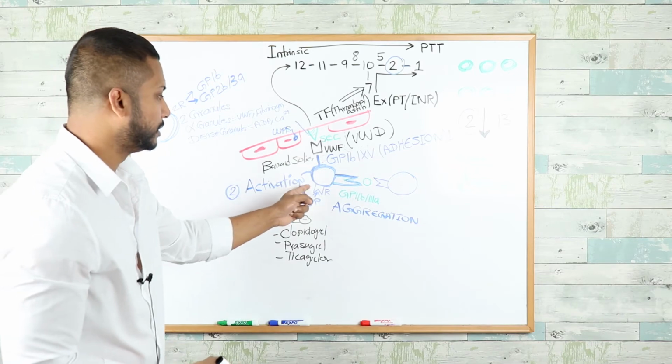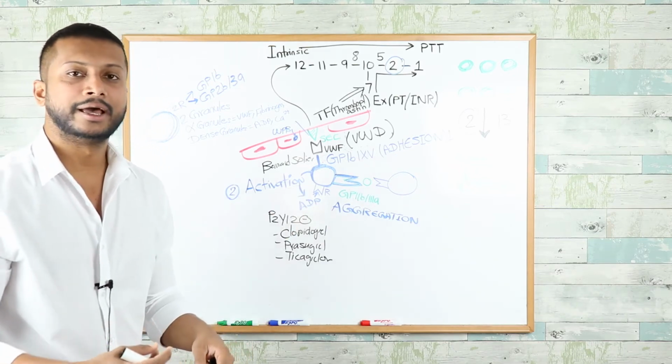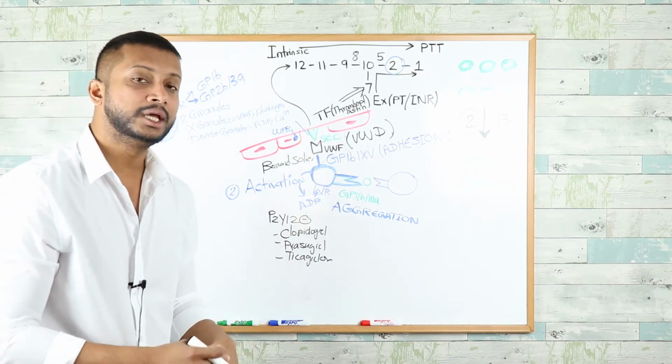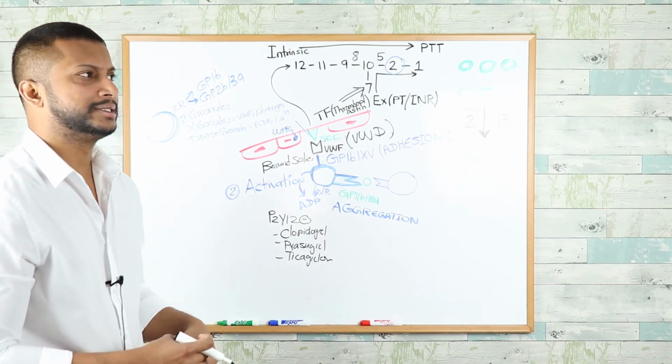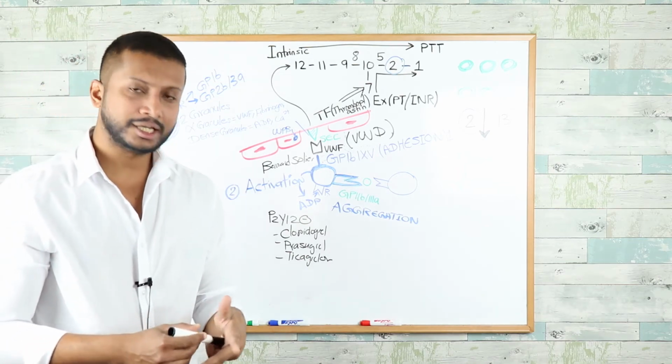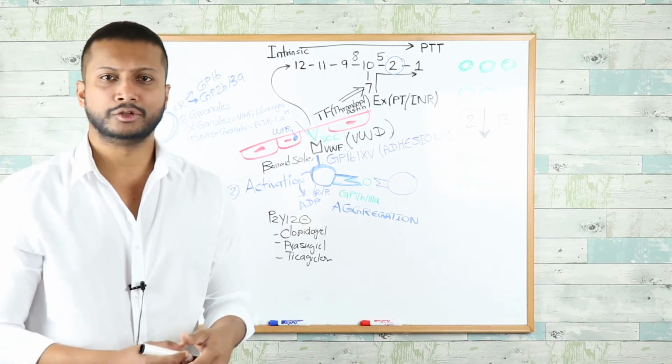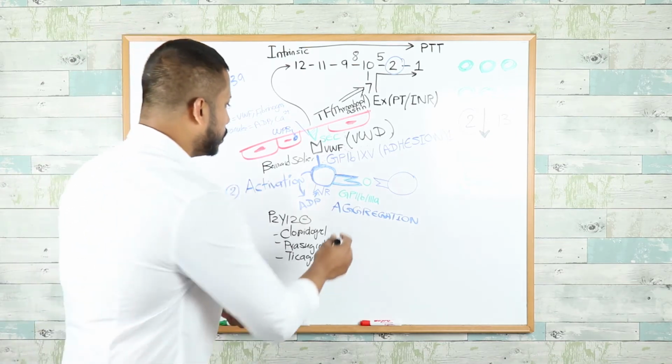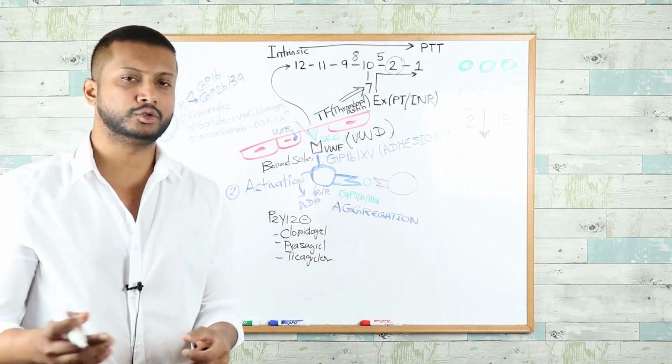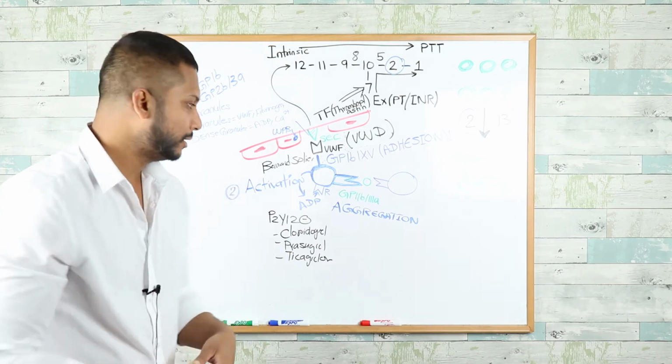Once ADP binds to the receptor, next step is exposure of GP2B3A receptors. Wait a second. What if you genetically lacked GP2B3A receptors? It's a really long name also, right? GP2B3A receptor. Well, there is a condition.